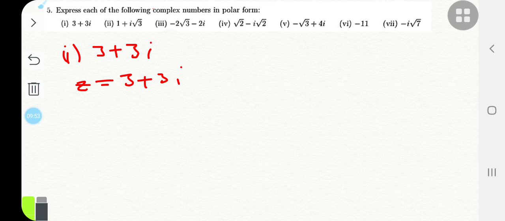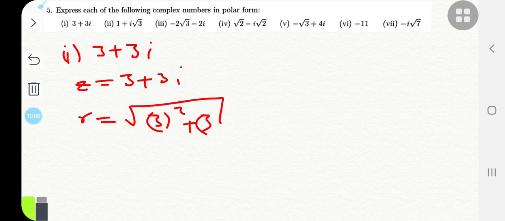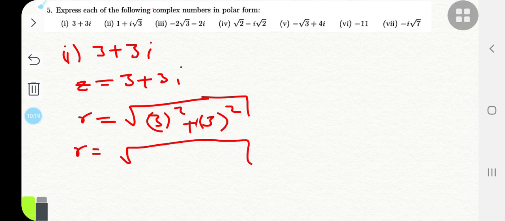I'll let my z be equal to 3 plus 3i. Then I'll find my modulus or magnitude. So my r will be just equal to the square root of 3 squared and 3 squared again. From there, I'm going to have 9 plus another 9, and from there you're going to have the root of 18.